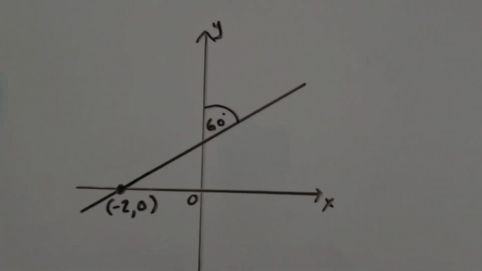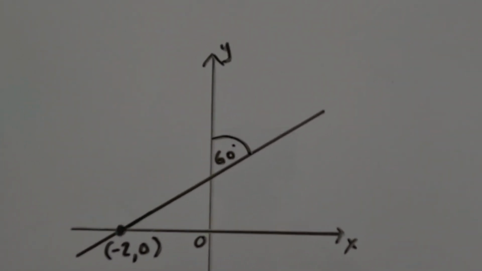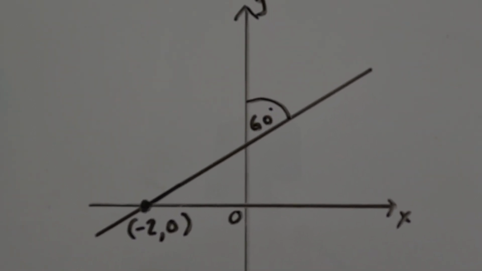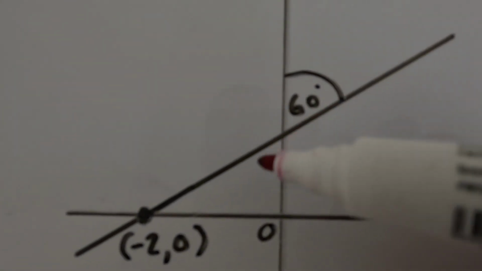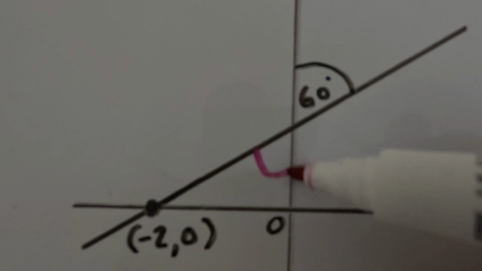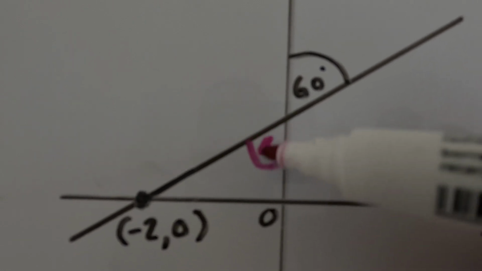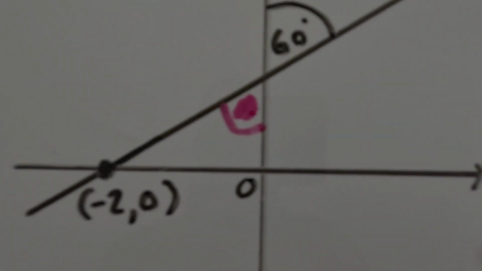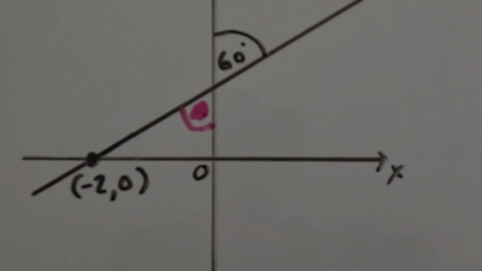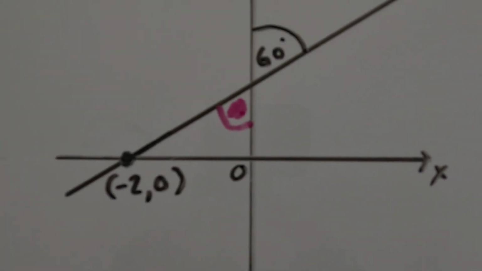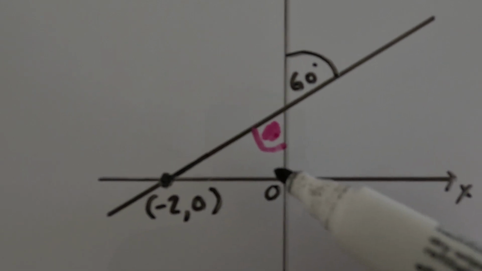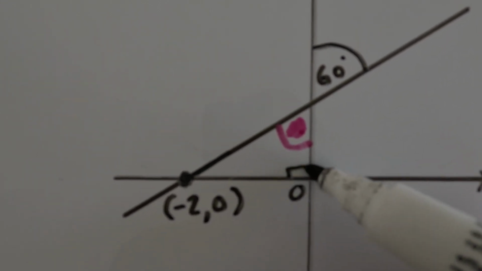So the first thing we need to do is notice that that angle 60 is the same as the internal angle in the triangle in here. So that's also 60, this pink angle. And because this little triangle down here is right angled, so this is a right angled triangle in here, then I'll mark a little right angle there.